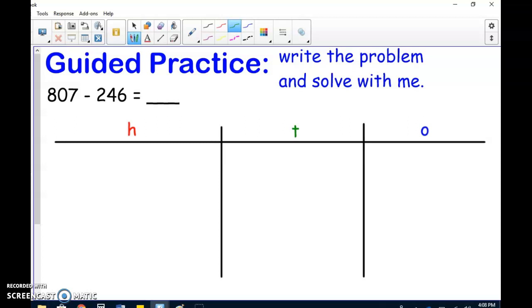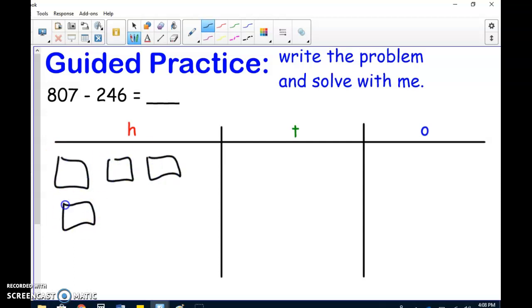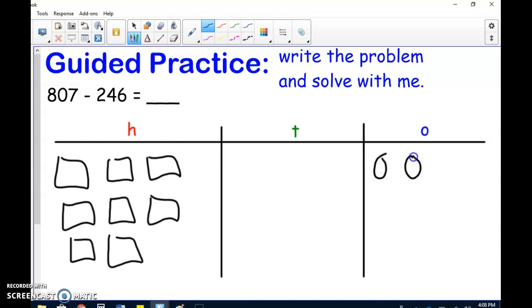807 minus 246. Go ahead and pause the video and draw your place value chart, and then get your pencil ready so we can solve together. All right, let's make the number 807. 1, 2, 3, 4, 5, 6, 7, 8. 0 tens, so no tens, and 7 ones.